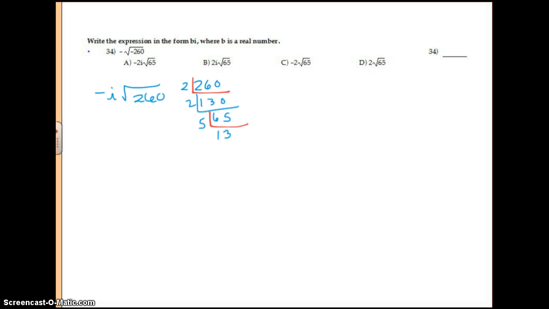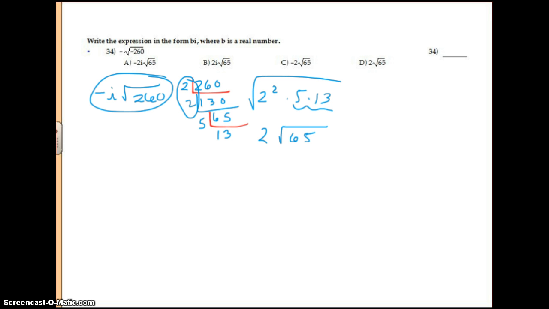I have 2 to the second, and I only want to group things in groups of 2 because I'm taking the square root. So I've got 2 squared times 5 times 13. I can take the square root of 2 squared as 2, so I can get that out of the radical. But I can't take the square root of 5 or 13, so I'm going to keep that under the radical and multiply them back together, which is 65. So this simplifies to -2i square root of 65, which is A.